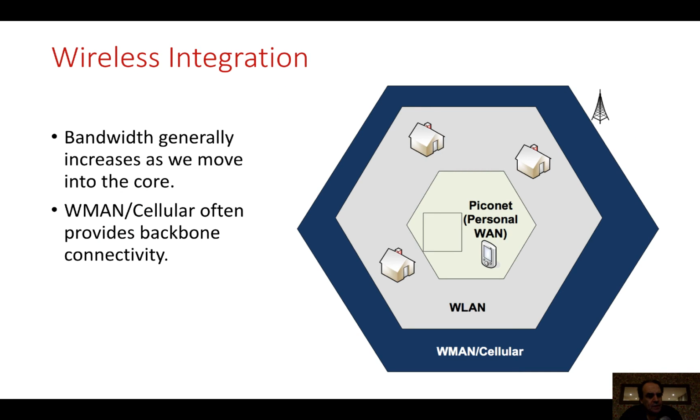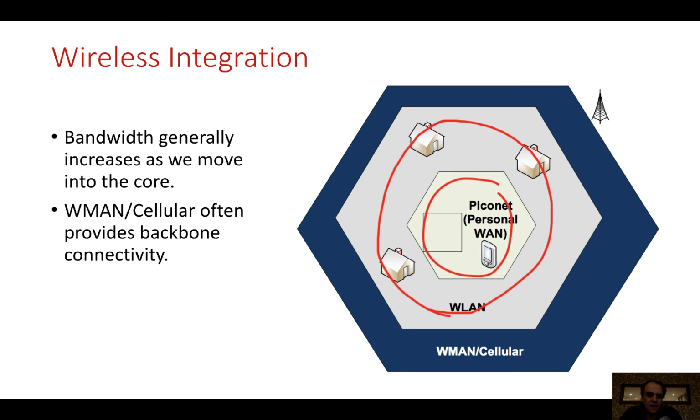Okay, so when you think about it, we have really something like this. We might use piconets, which are personal nets, to create wireless networks. That's with our Bluetooth. We can then bind this with a wireless LAN to provide some sort of backbone that would allow us to move around a geographical area.